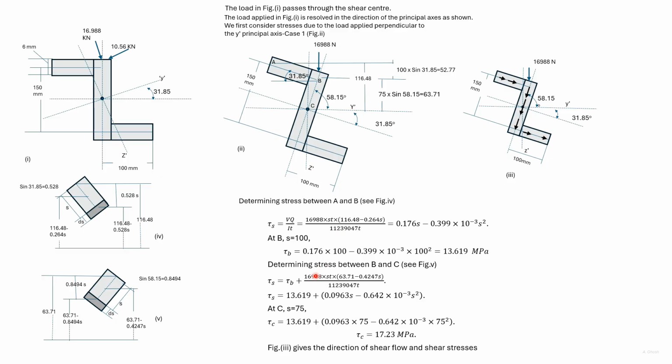Here again, V is this value and I is I y dash. So we get tau S in B to C as given by this expression. At C, S is 75, so we get tau C as equal to 17.23 MPa.